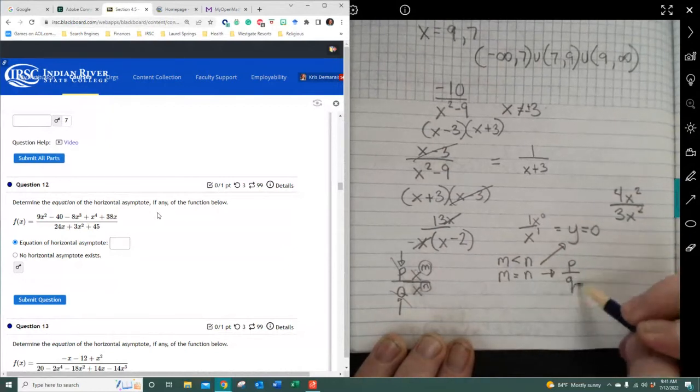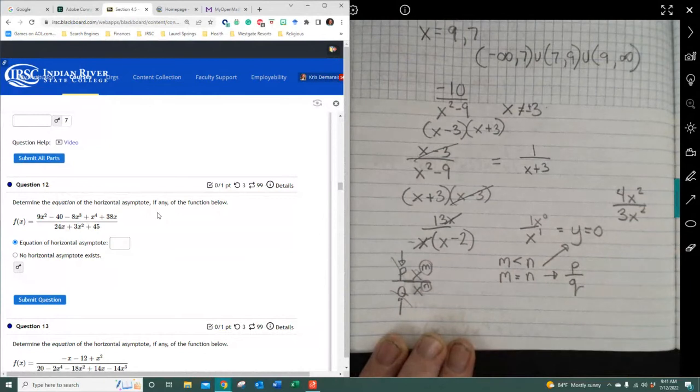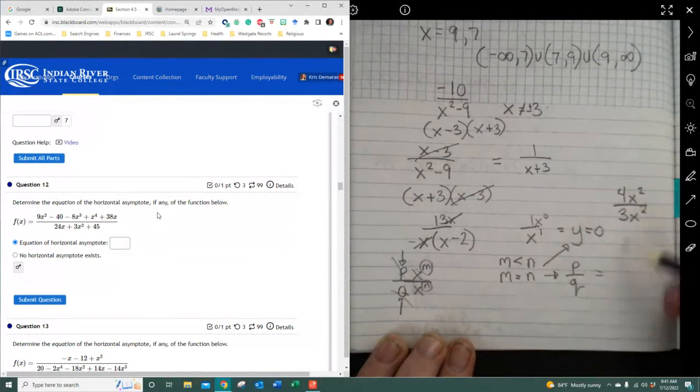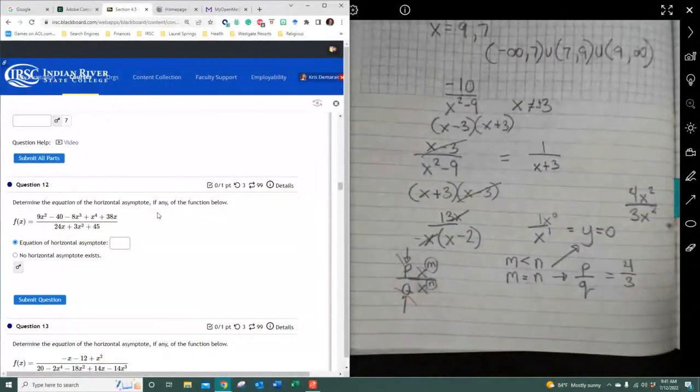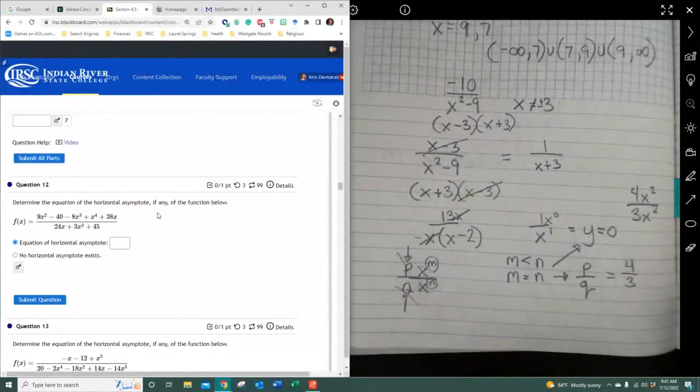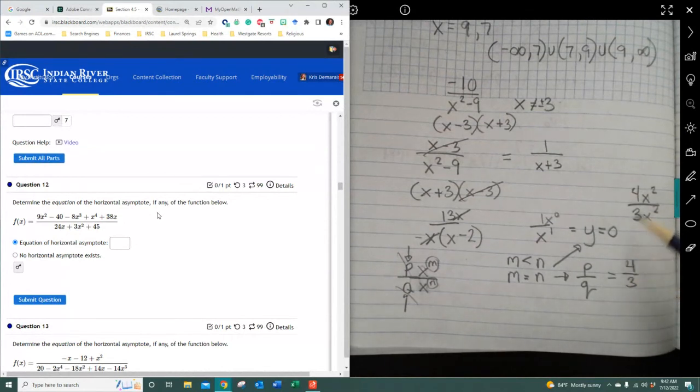It's this number right here. So in this example, it would be 4 over 3. So it is the leading coefficients that become a ratio. So it becomes a fraction. So that would be the horizontal asymptote for when they are equal.